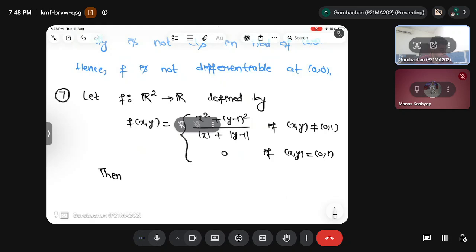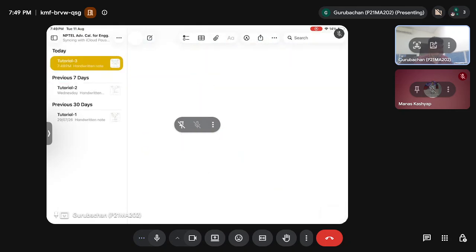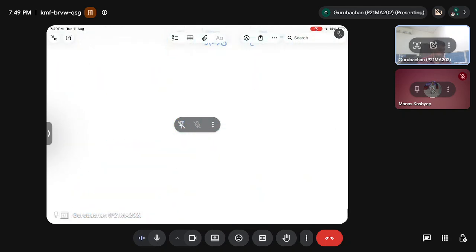Then calculate f x at 0 1, f y at 0 1, and check the differentiability of f at 0 1. Quickly do this one.